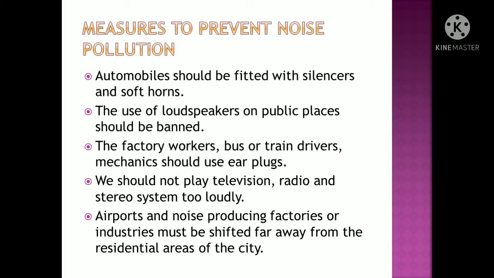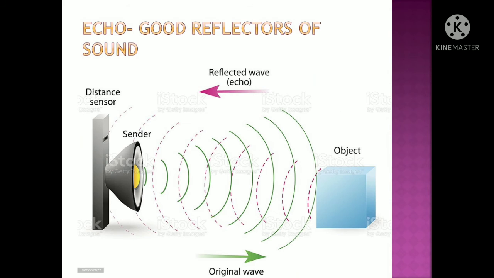Okay. Then students, another term that comes in front of you is the echo. What is an echo actually? An echo is nothing but the reflection of sound from a good reflector. So see here, one sensor is there. That is a sender. It is announcing something. There is an object in front of it, so the sound will be reflected back. Okay, that is an echo. The original wave is a green wave.